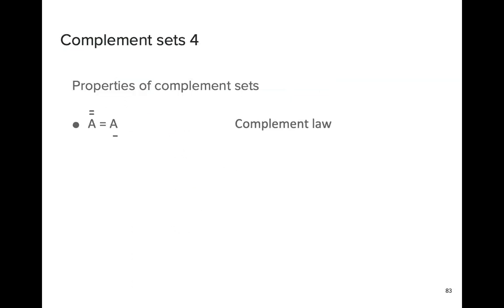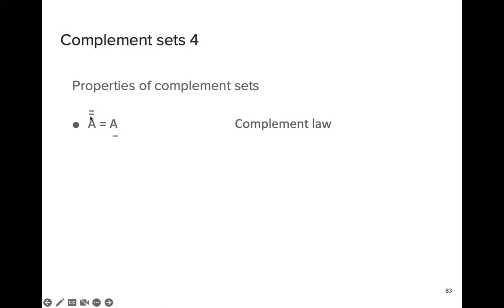There are some properties of the complement sets. The complement of the complement of A will be equivalent to A. That is the complement law. I know you are already familiar with the double negation.